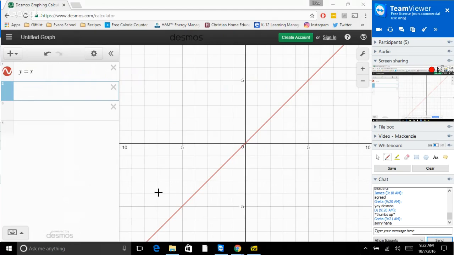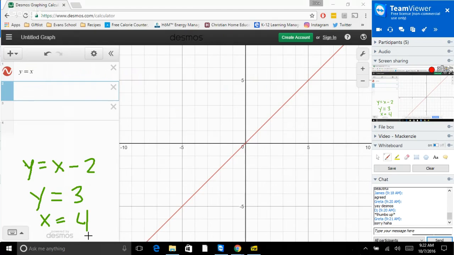Okay, so the first few things that I had for you to graph were, see if it will let me draw on here. Oh, good. Okay, so we want to graph y equals x minus 2, y equals 3, and x equals 4.